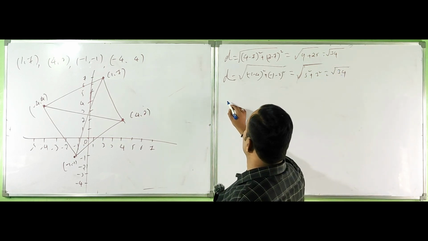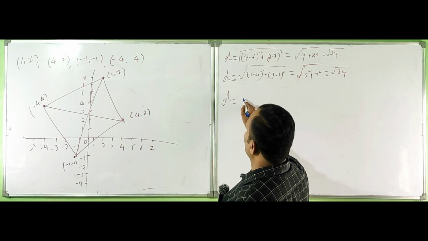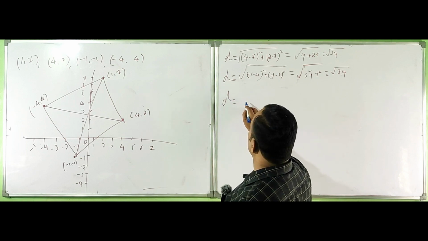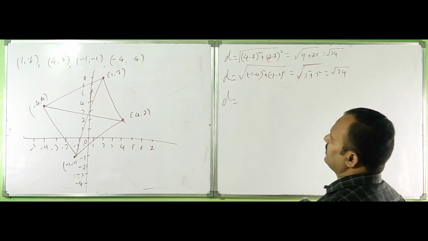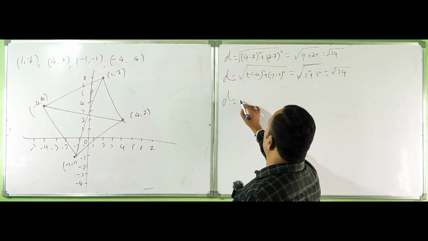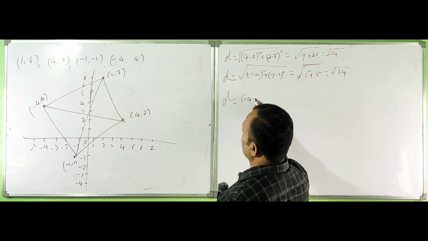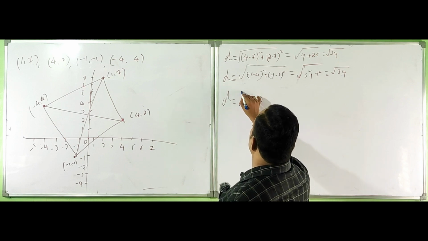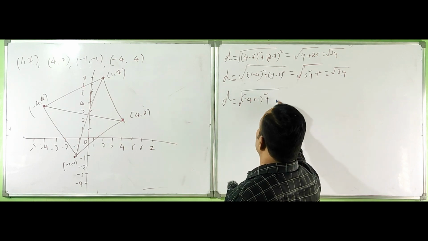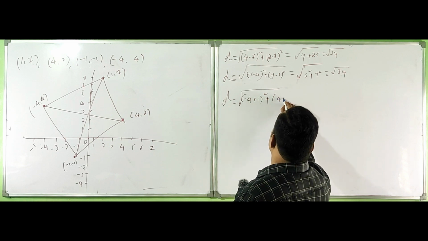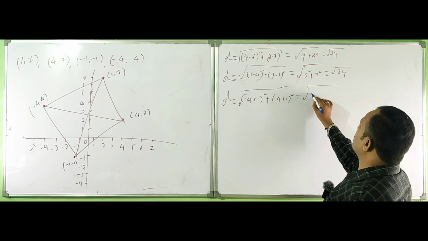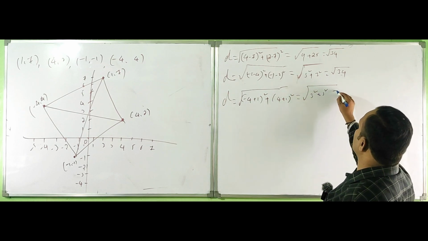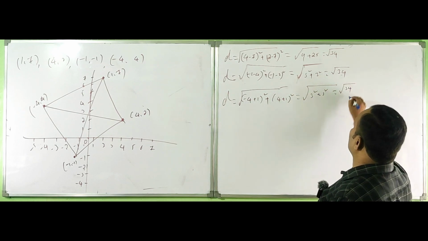For the next points, three points are over, right? Minus 1, minus 1 and minus 4, 4: the square root of (minus 4 plus 1) whole square plus (4 plus 1) whole square is equal to 3 squared plus 5 squared, equal to the square root of 34.